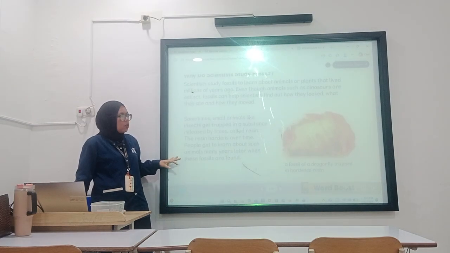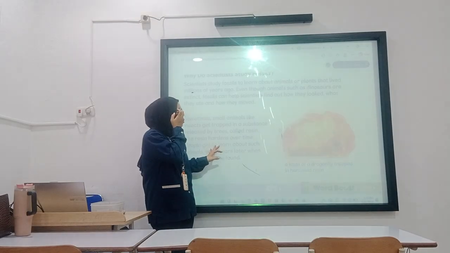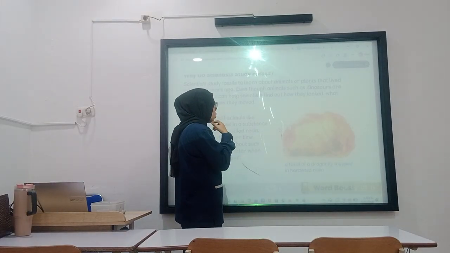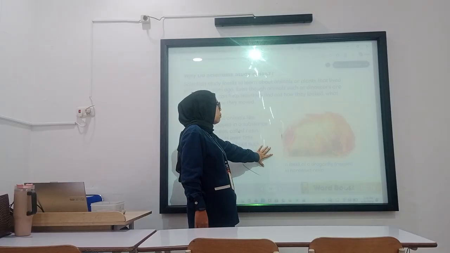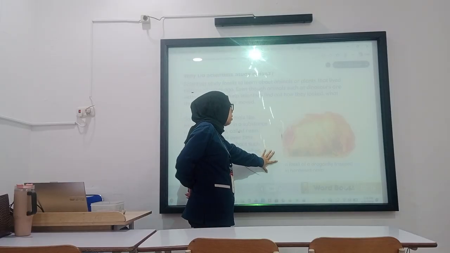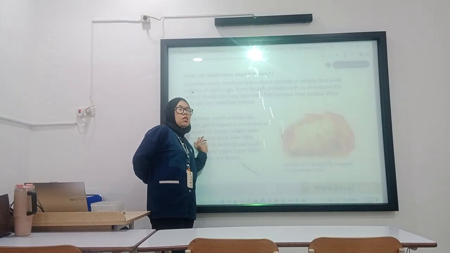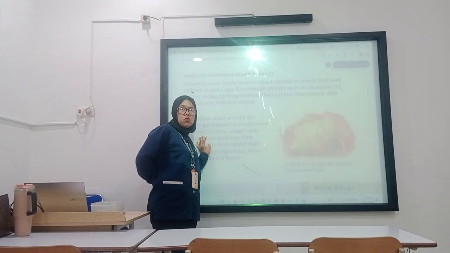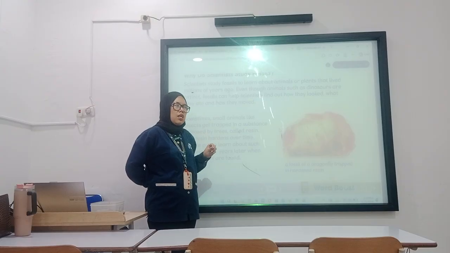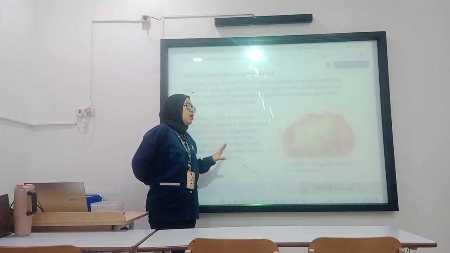And we also learn about resins. Here is a sample fossil of a dragonfly trapped in hardened resin. Resin comes from the tree. It is a sticky substance, like a liquid.